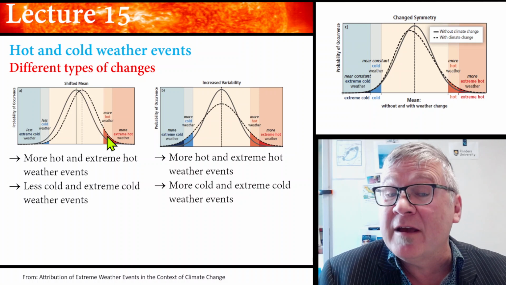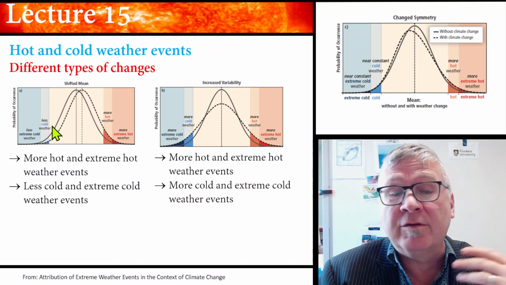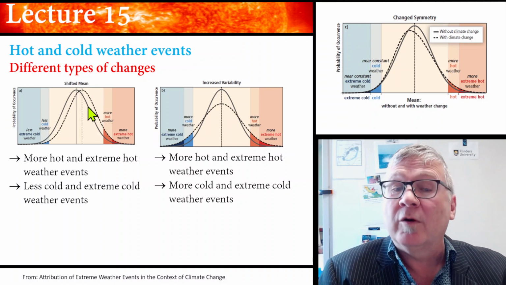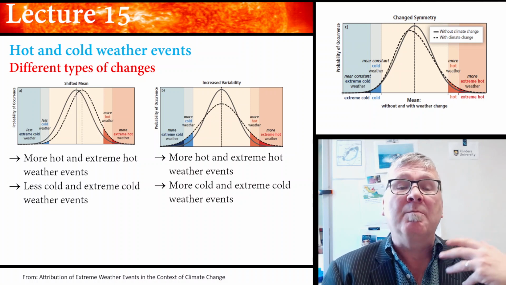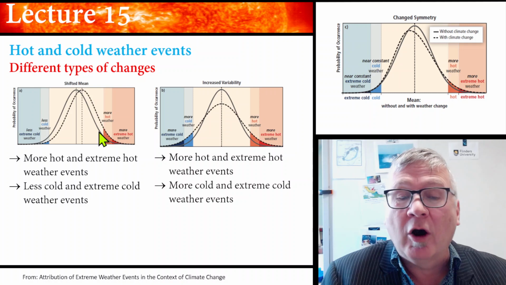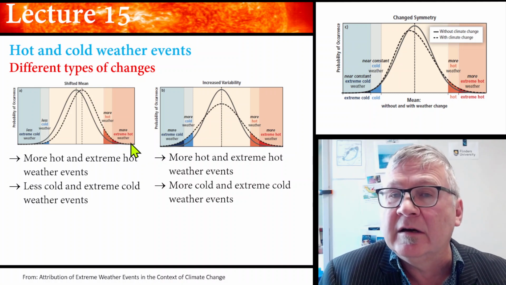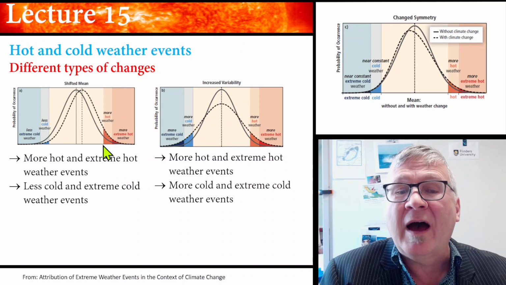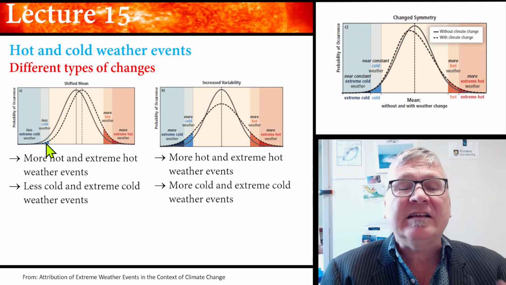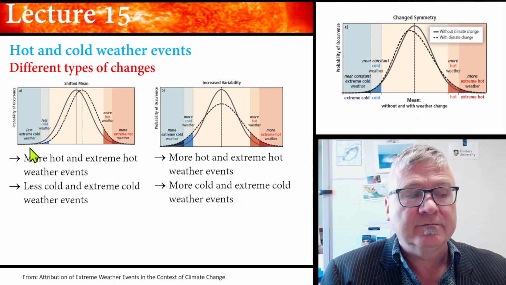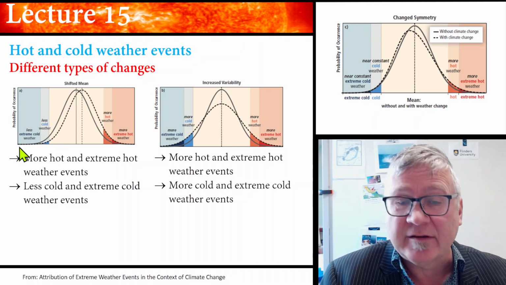Just assume that this happens. You have a warming throughout, influencing the cold and the warm season. What this implies is that you get more hot and extreme hot weather events because you shift this distribution to higher temperatures, and you have less cold and less extreme cold weather events. Well, that makes sense, doesn't it?